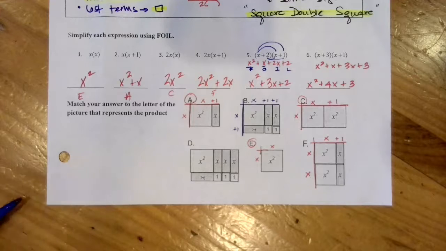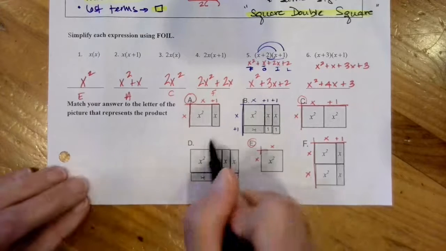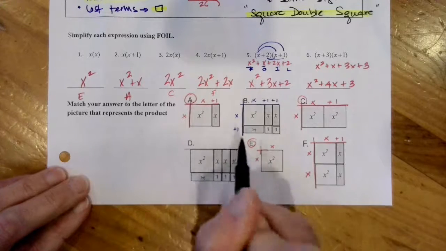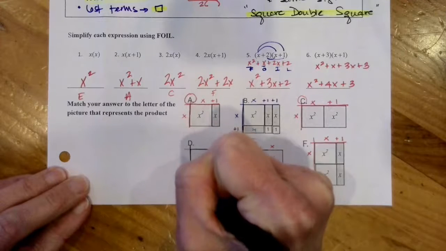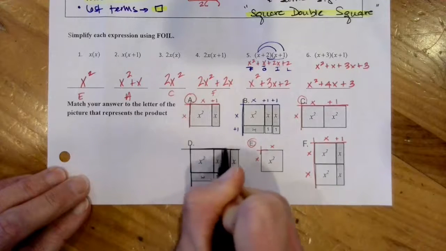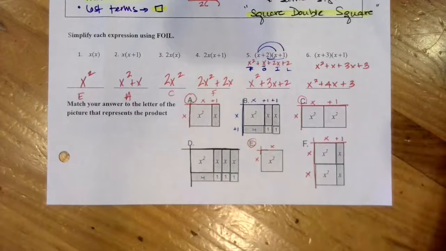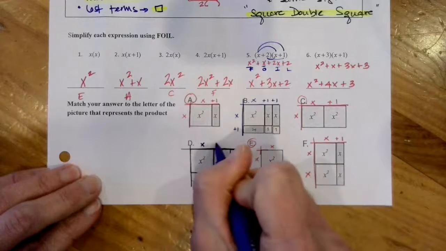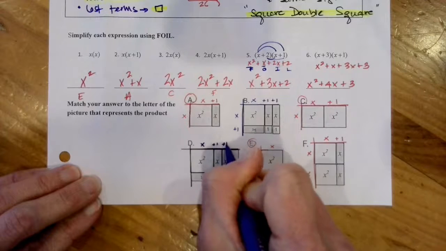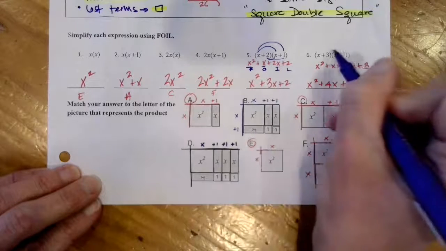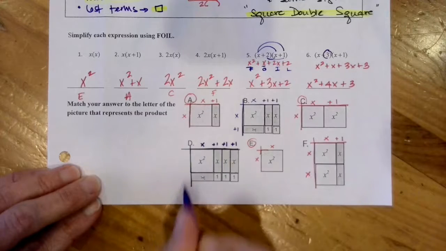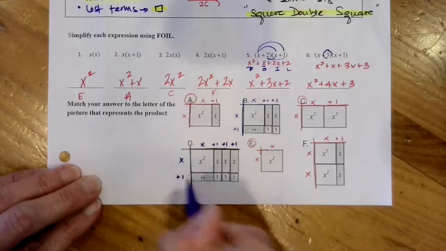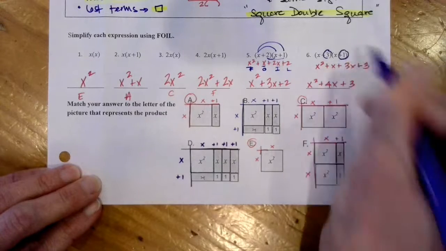My last one here, I have my x squared and then I'm going to be multiplying that. I have x plus 1 plus another, which is where I get my 3. And I have my x plus 1, which is where I get that.